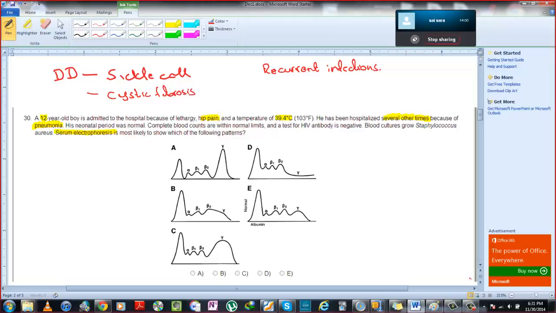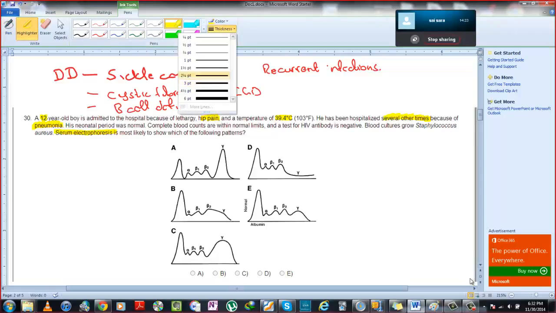Maybe it could be B cell deficiency. Okay, a B cell deficiency. Like you said initially, it could be CGD, which is chronic granulomatous disease. Good, excellent. Because we need to think along as we do the question. That is very important.